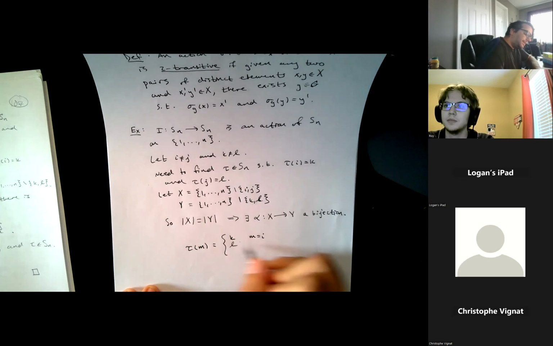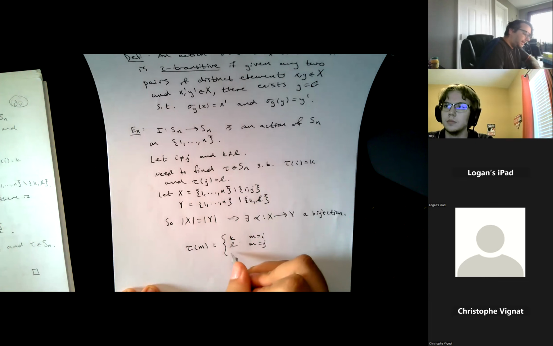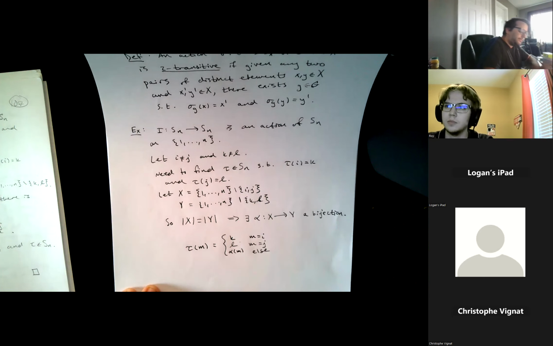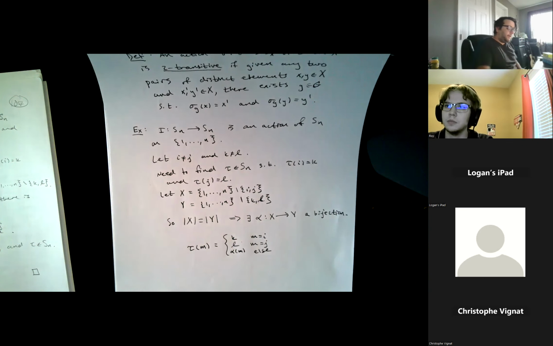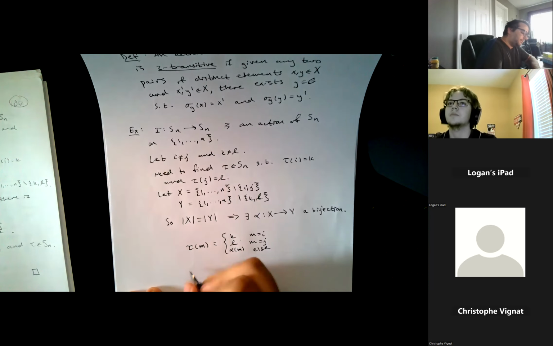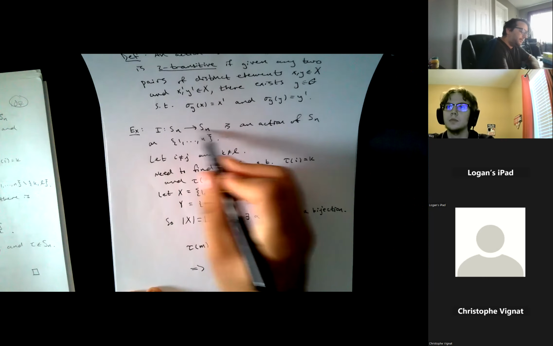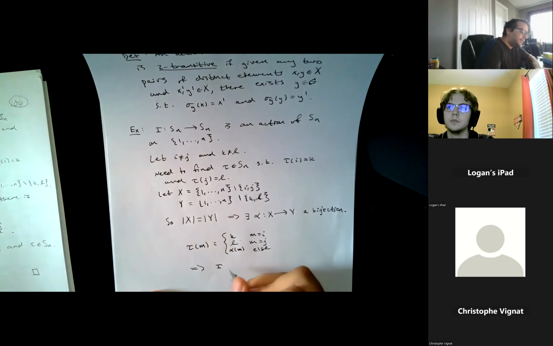We want it to be L if M is equal to J. That way we satisfy this condition. And otherwise, well, we'll just take it to be alpha M. Okay. And so this thing is a bijection of 1 through n with itself. And it satisfies the two properties that we wanted. And so that implies that this identity action is two transitive.